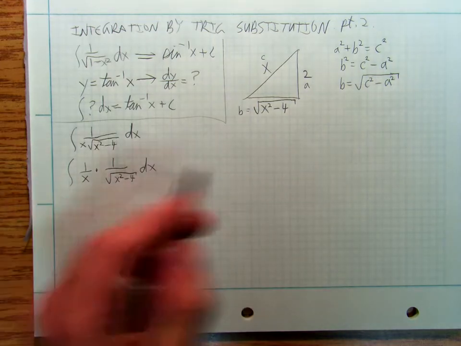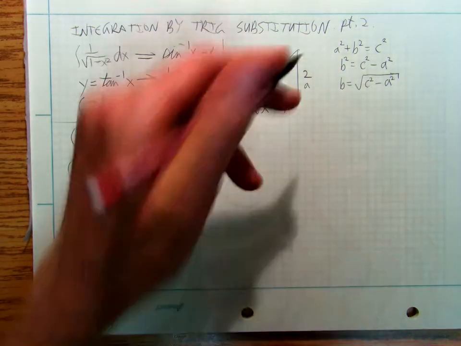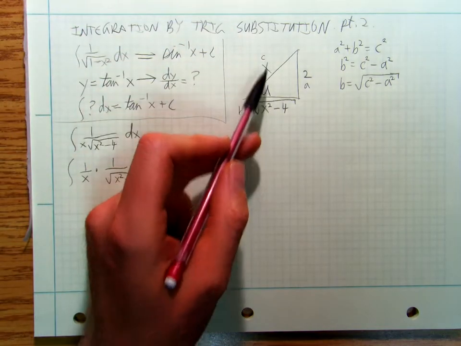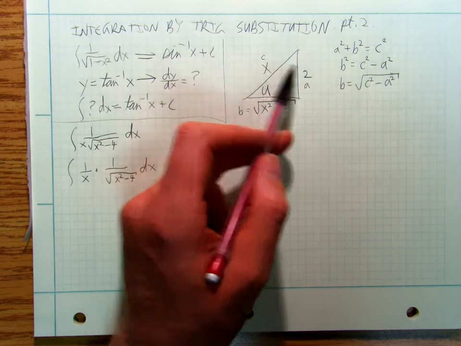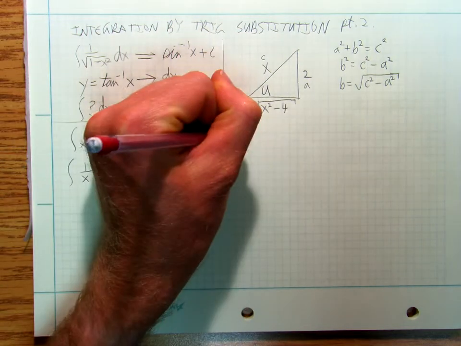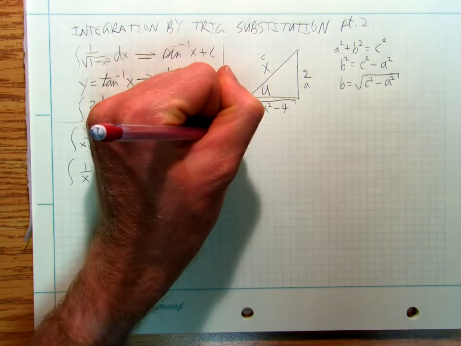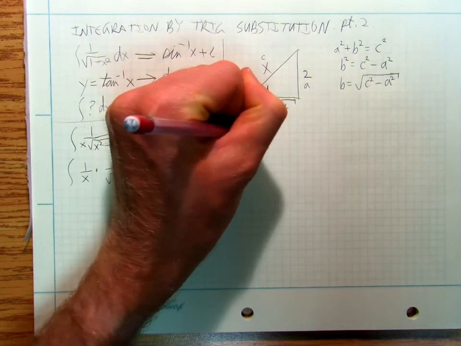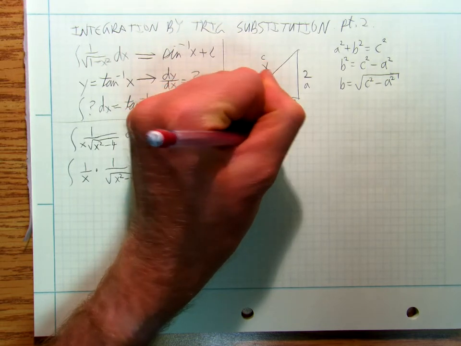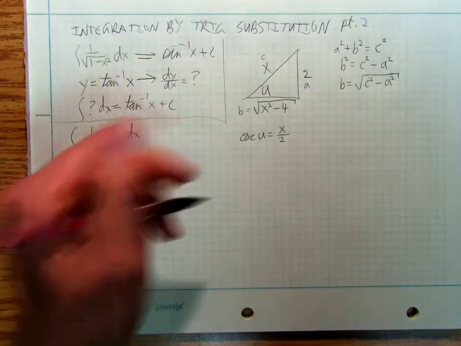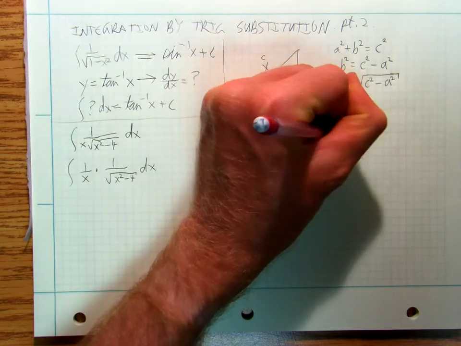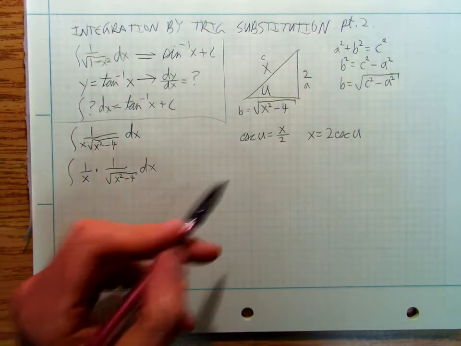Now what I'm going to do is I'm going to come up with a bunch of different relationships, call that u. And I want the simplest relationship relating u and x. So in this case, I'm going to say that cosecant u is equal to x over 2, or x is equal to 2 cosecant u.